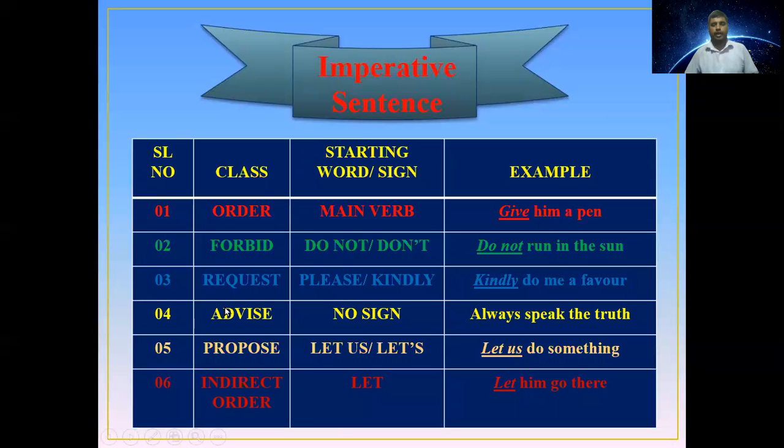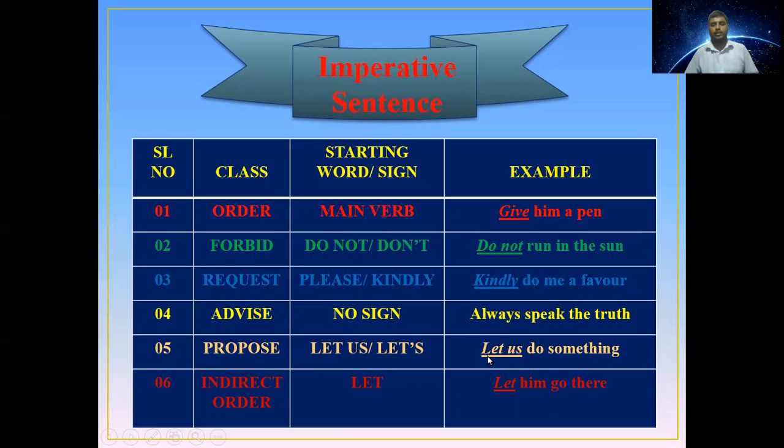Serial number 4, advice. No sign. Always speak the truth. The Bengali meaning is সদা সত্য কথা বলিবে. Serial number 5, propose. Starting word or sign: let us or let's. Example: Let us do something.